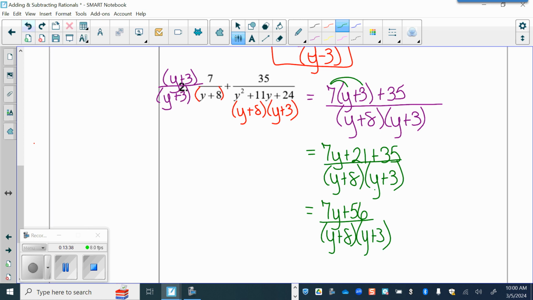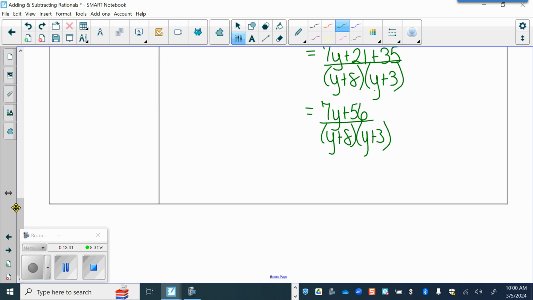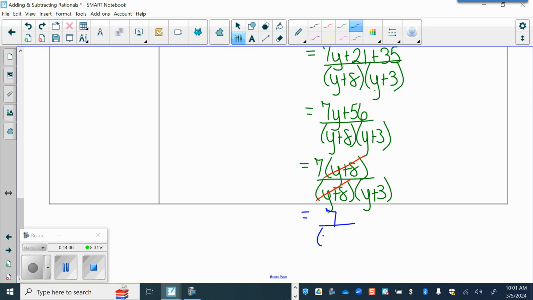Oops, Smart Notebook doing weird things. Let's see, 7 goes into 56 8 times, so I can factor this. I can pull out a GCF of 7, and I'm going to be able to eliminate my y plus 8. Final answer, 7 over y plus 3. Oh boy, that was a lot of work for one problem.